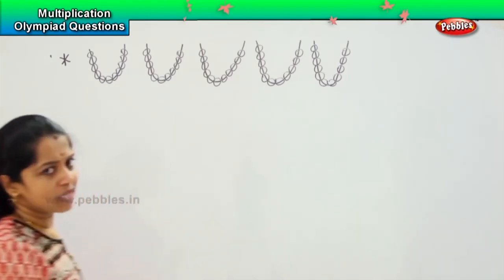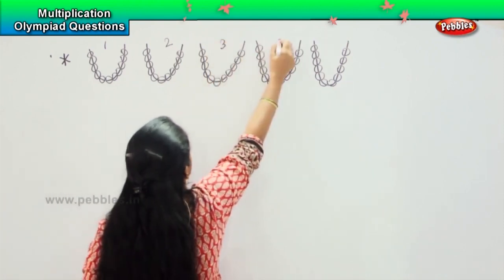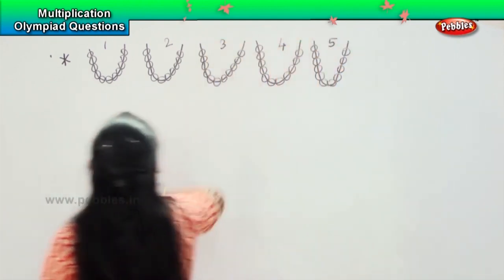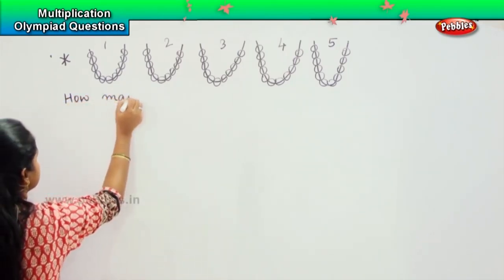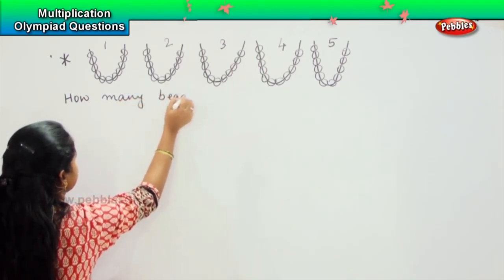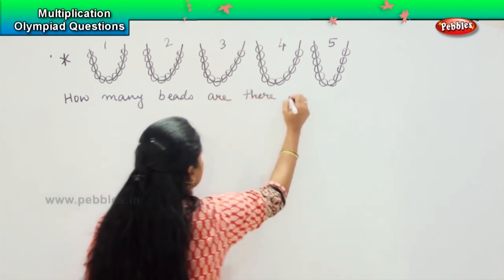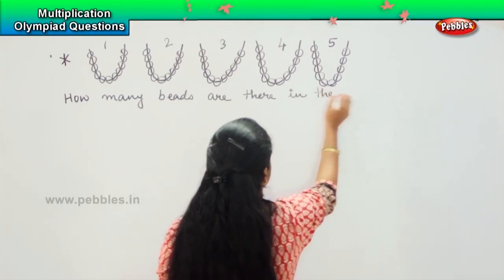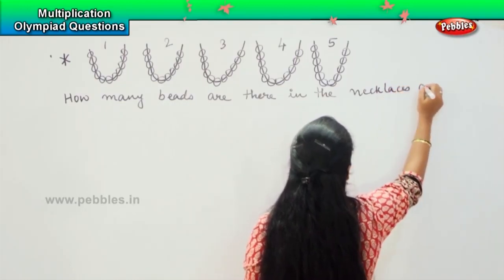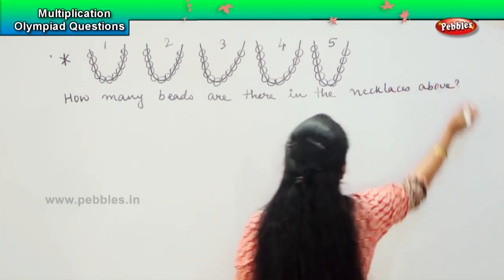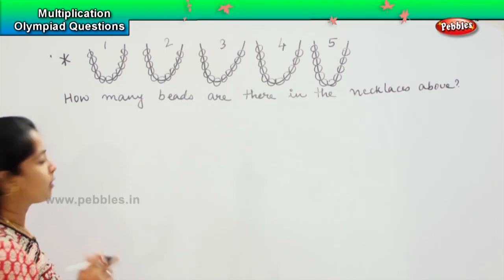Okay. So how many necklaces are there? 1, 2, 3, 4 and 5. So your question is, how many beads are there in the necklaces above. Okay. So we know that there are 5 necklaces. We need to count the number of beads.